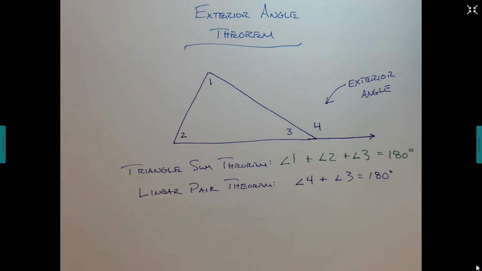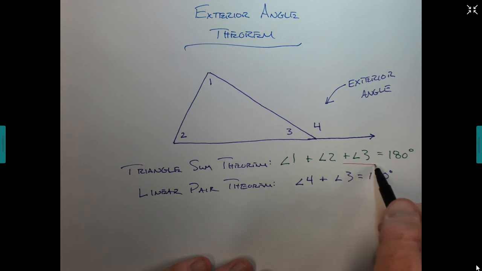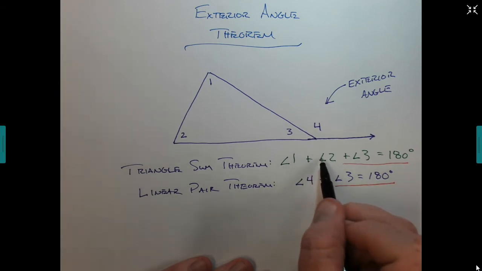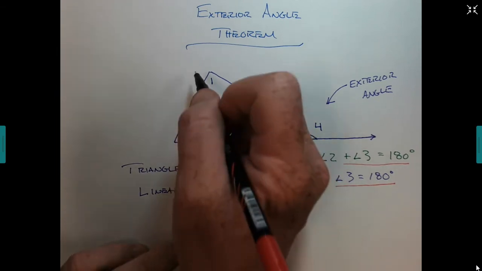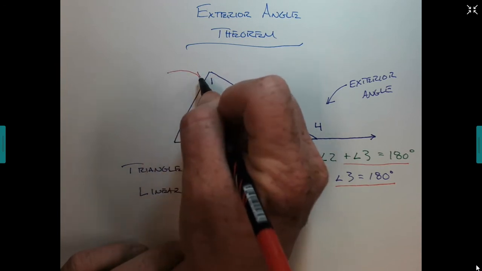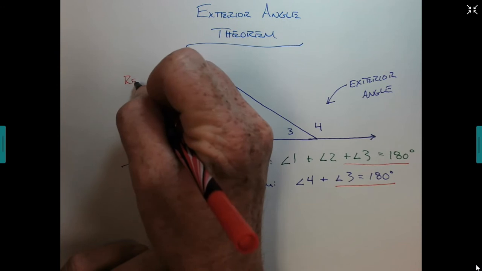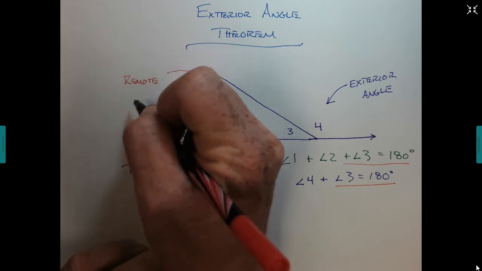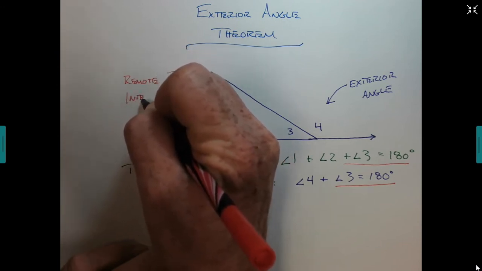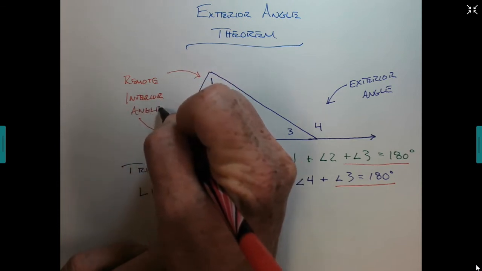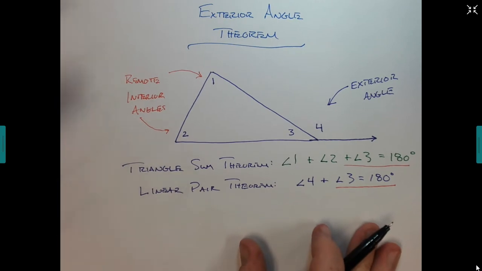Well, if we start looking at this situation, if this part of this equation is the same as this part of this equation, then we know 1 plus 2, these angles out here, which are referred to as the remote interior angles, all right?